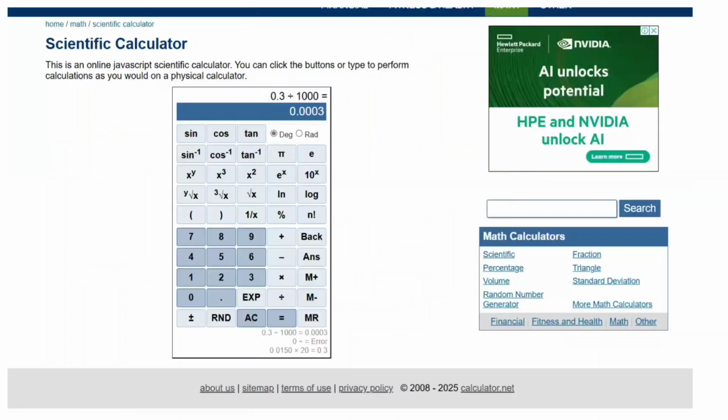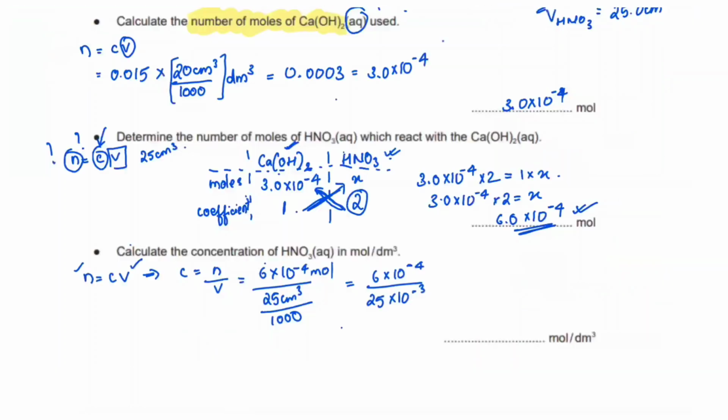Now, if we use the scientific calculator, 6 divided by 25 is 0.24, times this, and this will cancel out and it will become 10 raised to minus 1. So this can be written as 2.4 into 10 raised to minus 2, so the concentration is 2.4 into 10 raised to minus 2.